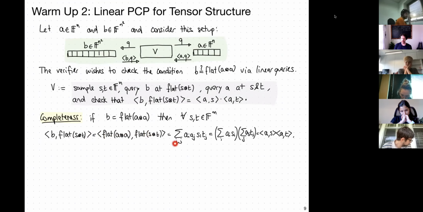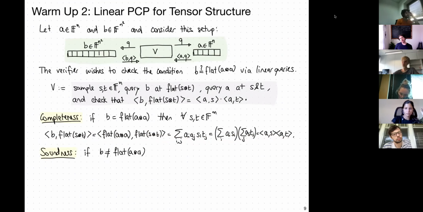So I get the summation over i and j of ai times aj times si times tj, just literally taking the definition and writing it down. Then I can group it as a linear combination in S, and group it as a linear combination in T, which is exactly what we're getting. So this is just a way of checking a random linear combination in these terms.